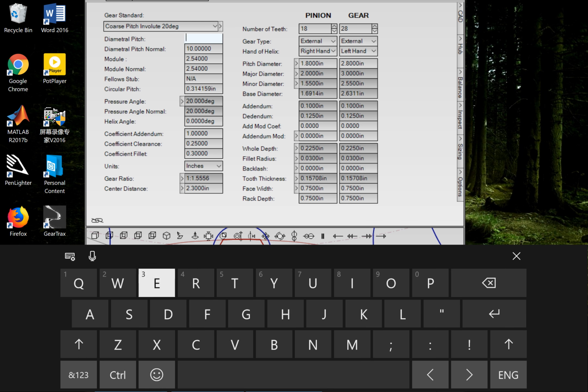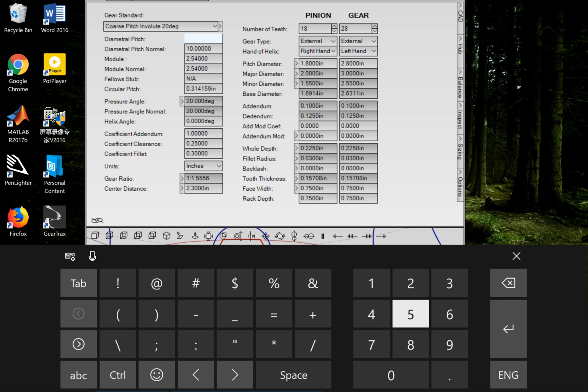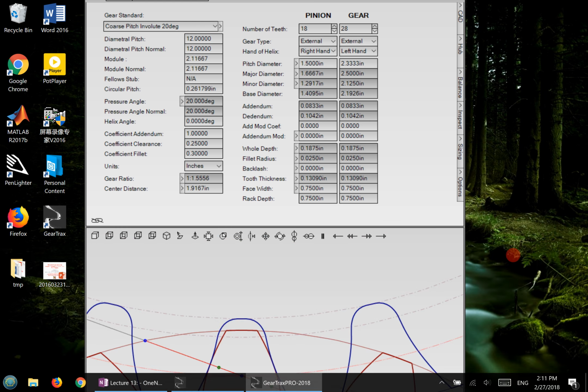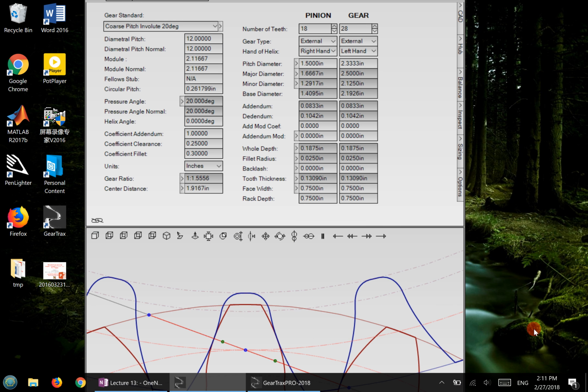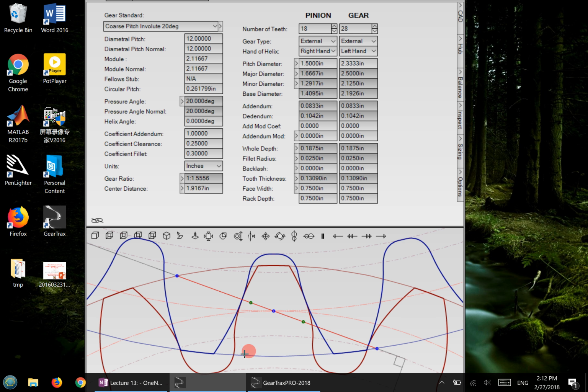Let's see, if I change to 12, observe the tooth profile.